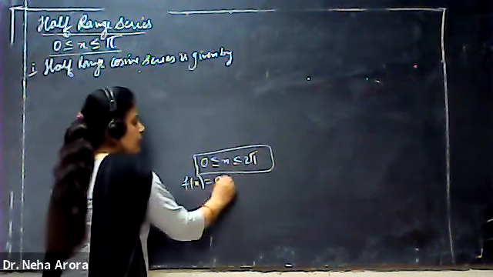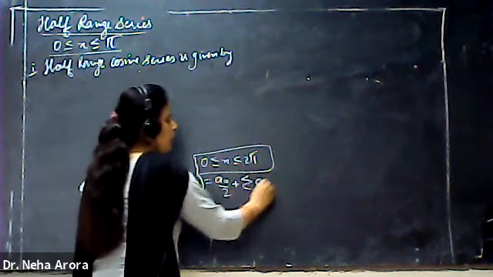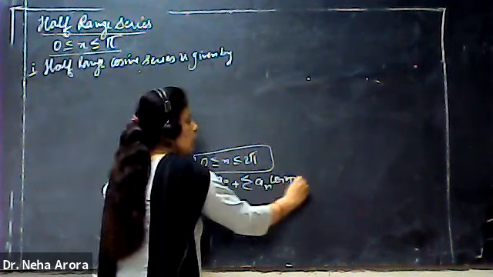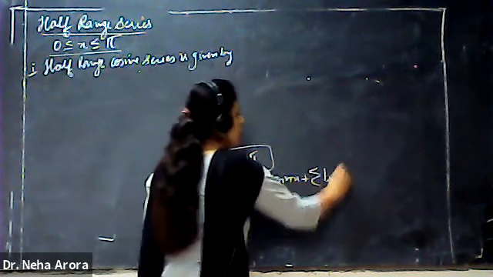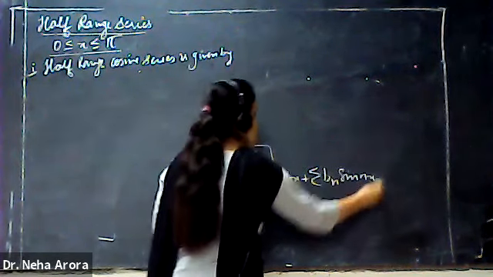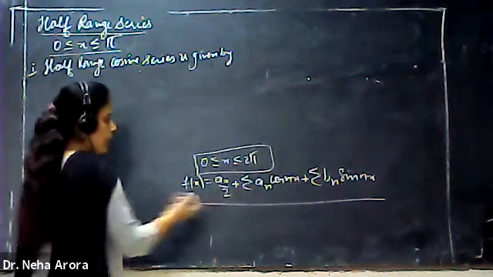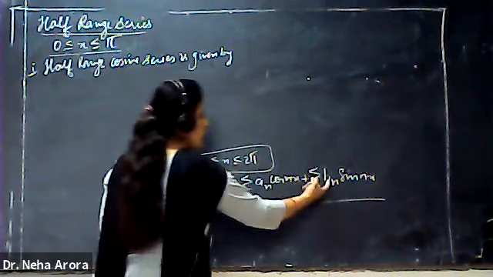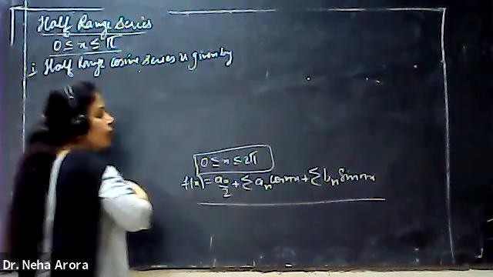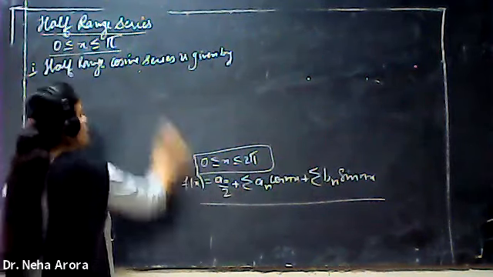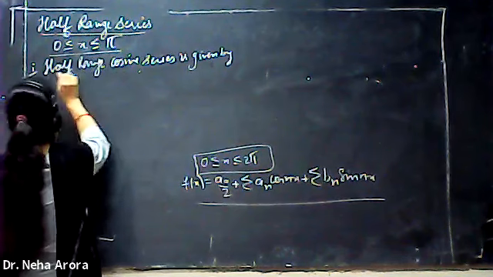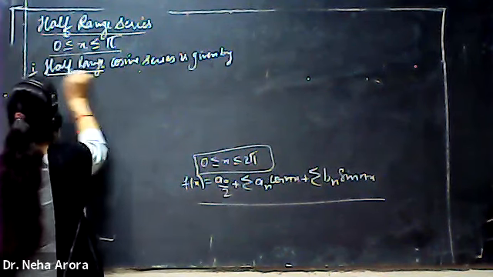It was f(x) is equal to a naught by 2 plus summation a_n cos nx plus summation b_n sin nx. This was a complete Fourier series where we had the formulas of a naught, a_n and b_n, which are called Euler formulas, right?